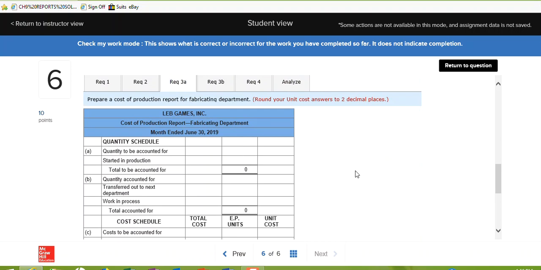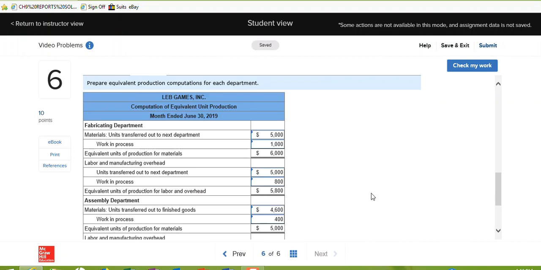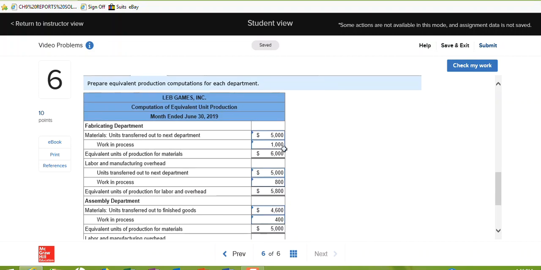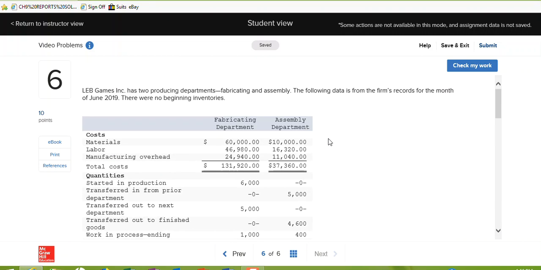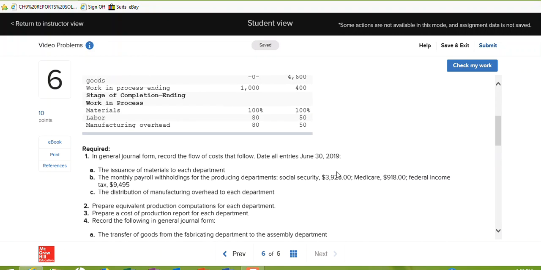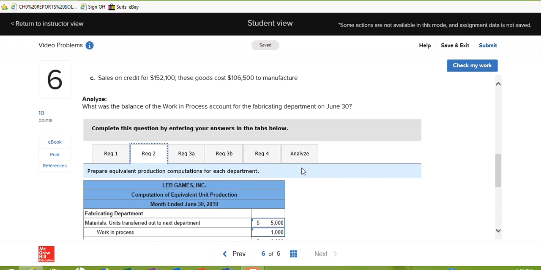All right, so our quantity started in production. Whoops, I gotta go back to my worksheet. And we are in the fabricating department. So we're in the quantity to be accounted for. I believe this thing said there was no beginning inventory. So everything we're dealing with is what we started during the month.